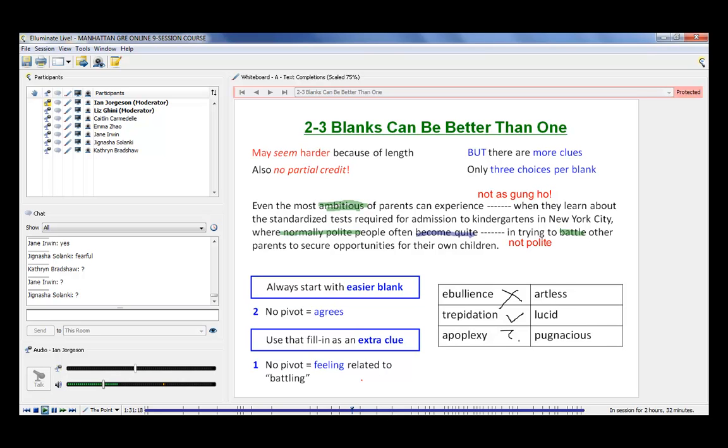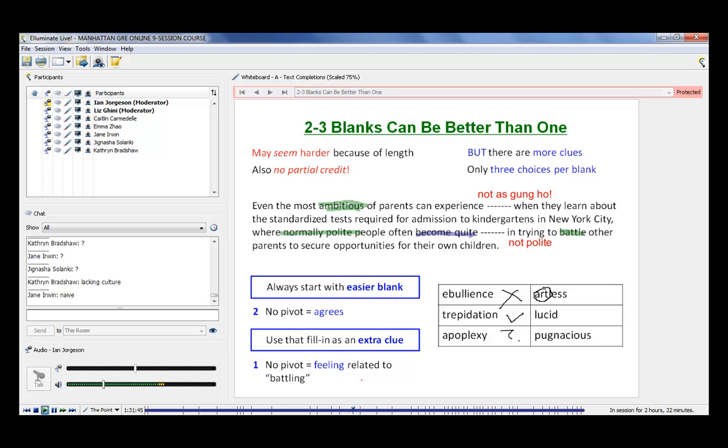All right, let's look at the second one. What does artless mean? Yeah, lacking culture, lacking skill. Culture in the sense of art is not correct. Artless doesn't mean lacking art. Well, it does, but it means art in the sense of skill, not like painting.